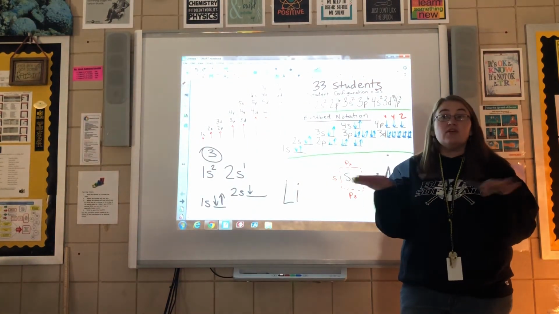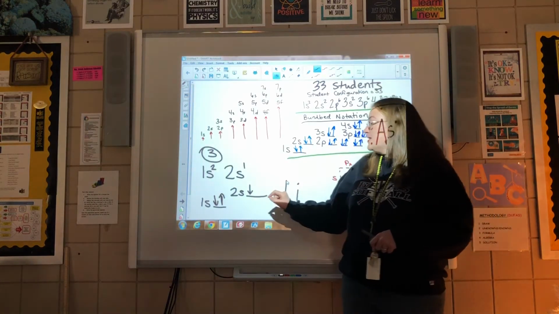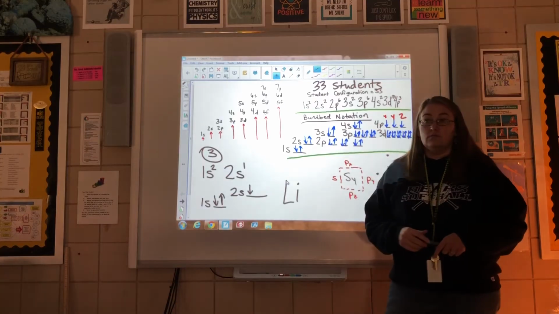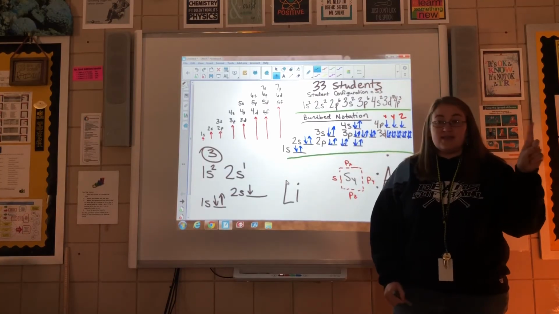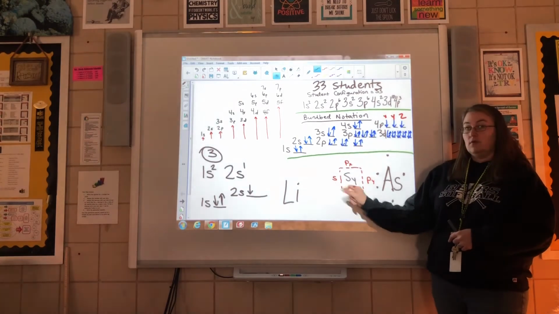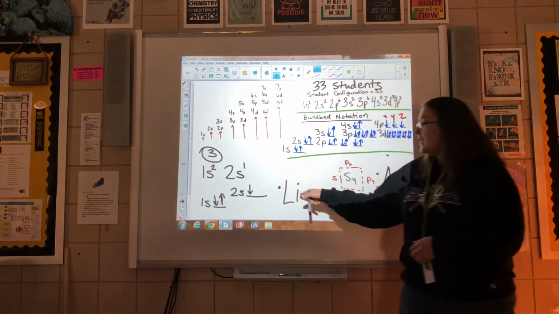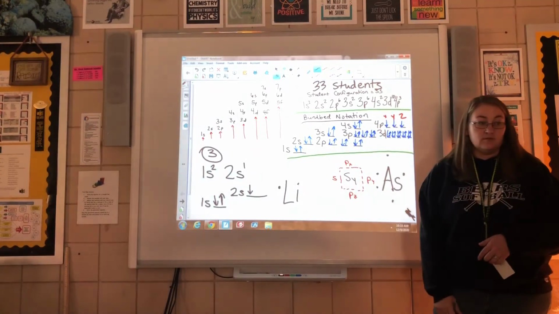So we're only looking at that for our dot diagram. How many are in S and P levels in the second floor? Just 1. We've got 1 in the S level. So where does that 1 go? On the left side. So we have Li with one dot on the left.